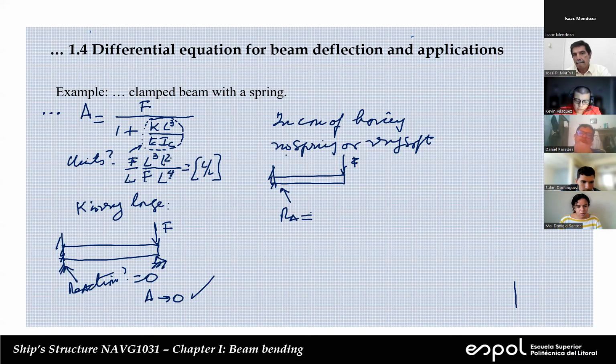Force. So this is 0, A is equal to F, that's a reaction, makes sense. Okay, in this case, this is F. This is F, and there's nothing here.